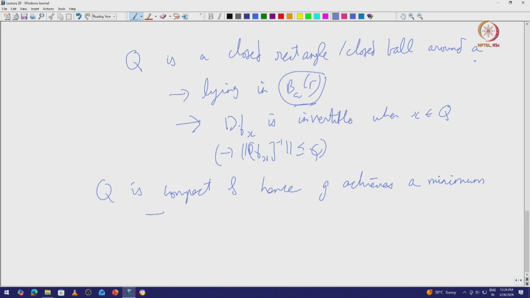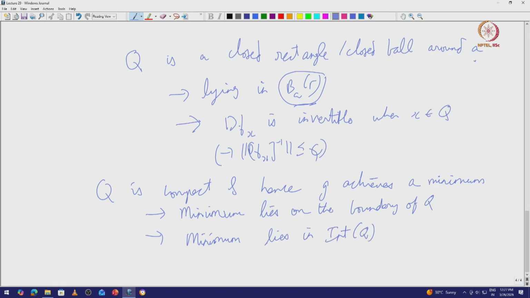Now there are two possibilities. The minimum lies on the boundary of Q. The other possibility is the minimum lies in the interior of Q. Why don't we choose Q to be a closed ball? Maybe that's the simplest thing, because we've been choosing balls so far instead of rectangles.